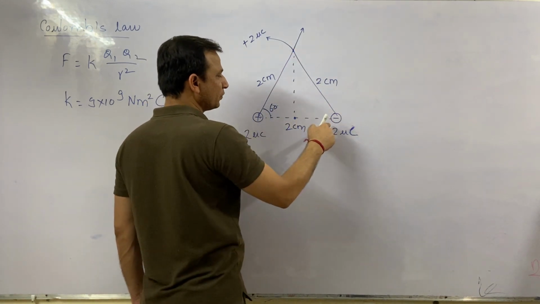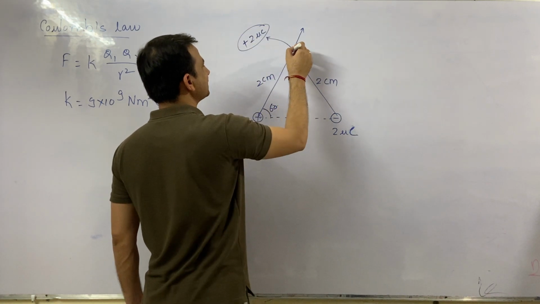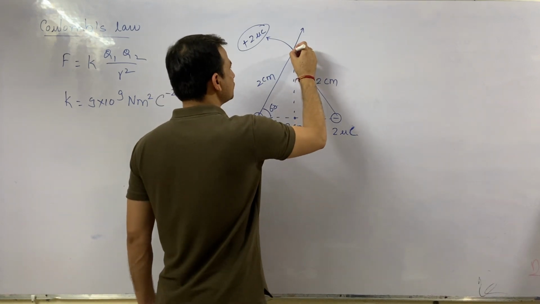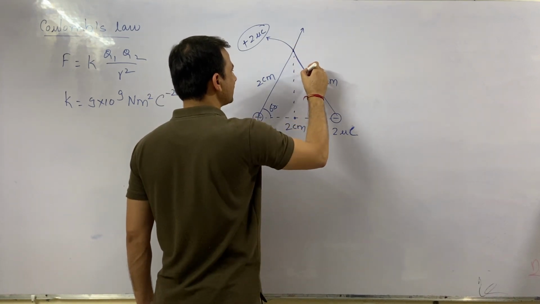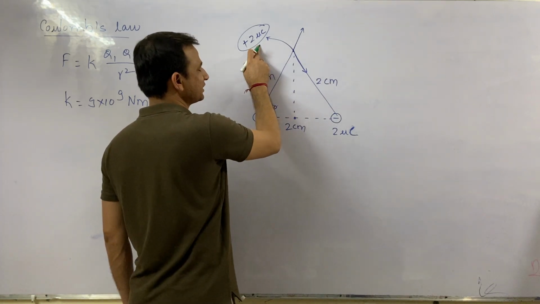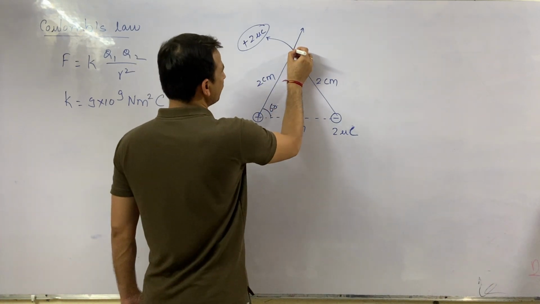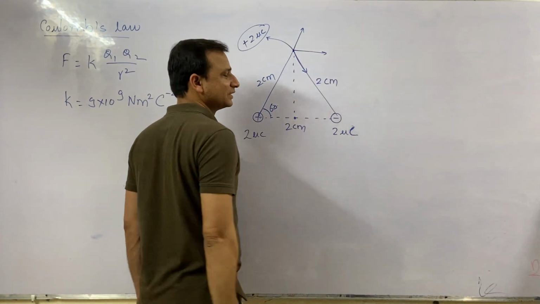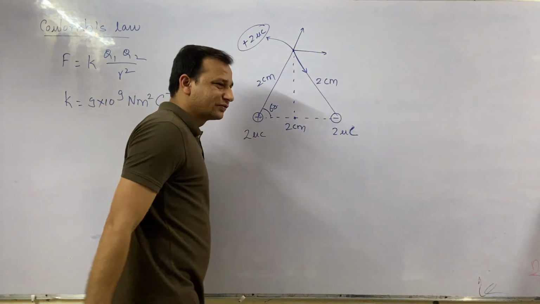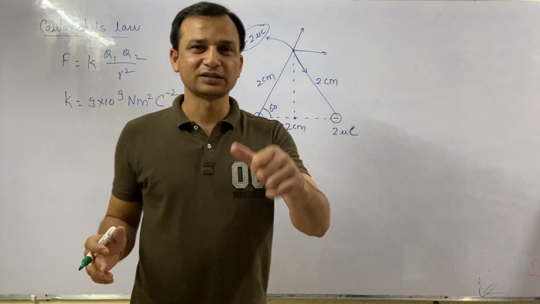The direction of force on this 2 microcoulomb charge, which is kept at the top vertex, would be towards the negative charge because of the attractive force. This charge is positive, this charge is negative, so the resultant force would point towards this side. If you use the law of parallelogram, you can easily find the direction, and if you don't know how to do that, you can watch the last videos.